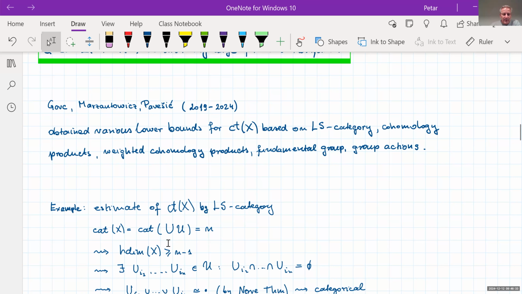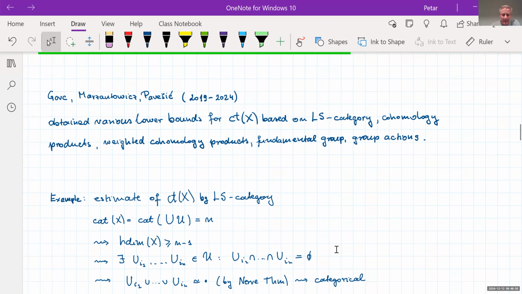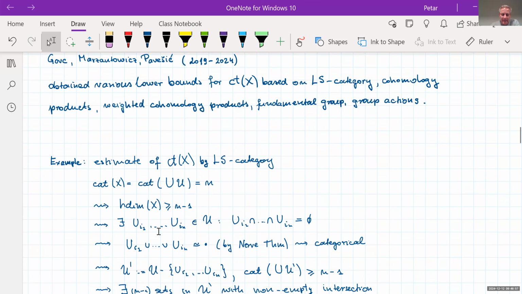So since the category is n, you know that the homotopy dimension of the space is at least n minus 1. And thus you have certainly n elements in this cover which intersect. But since this is a good cover, by the Nerve theorem, their union is homotopy equivalent to a simplex, so it is contractible, so it is a categorical subset.